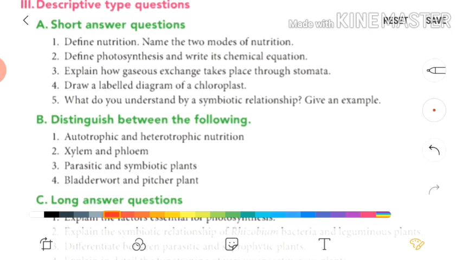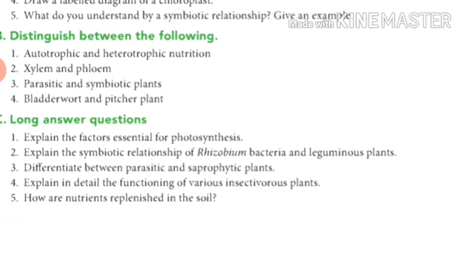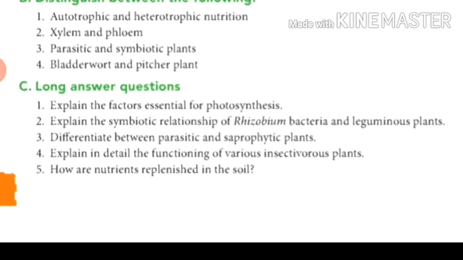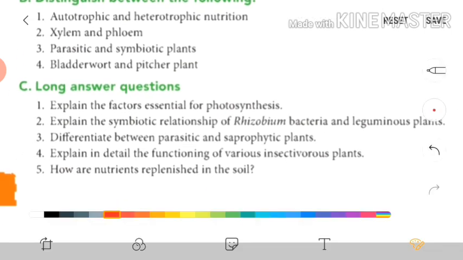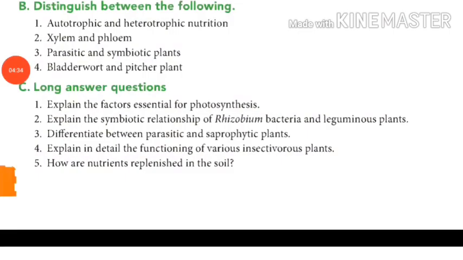Now long question number 1. In the first long question, explain the factors essential for photosynthesis. There are many factors.